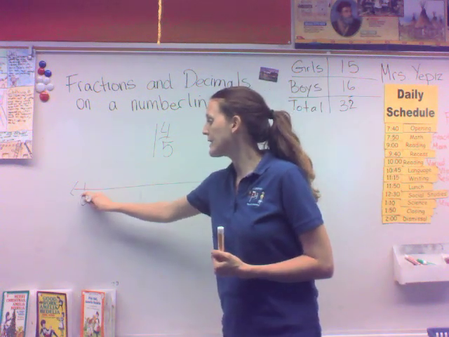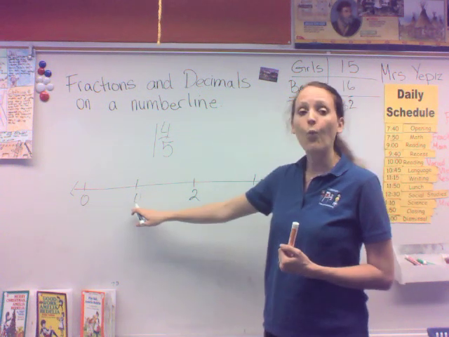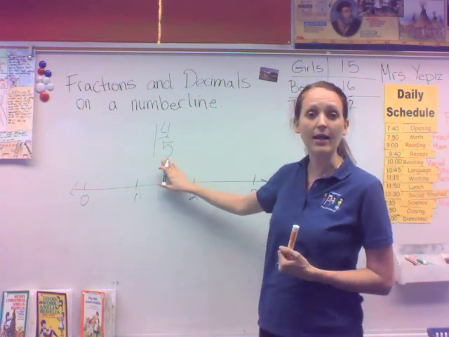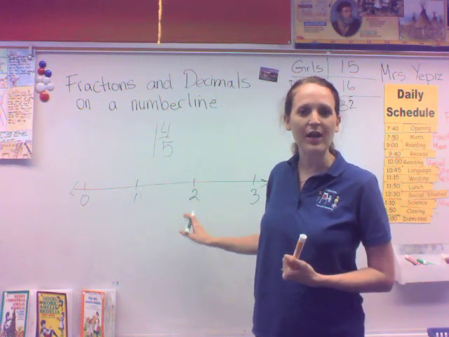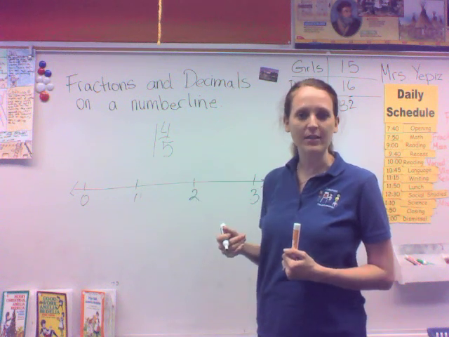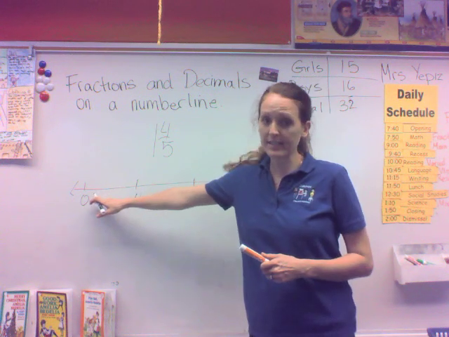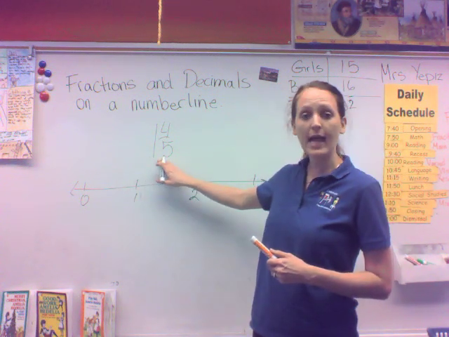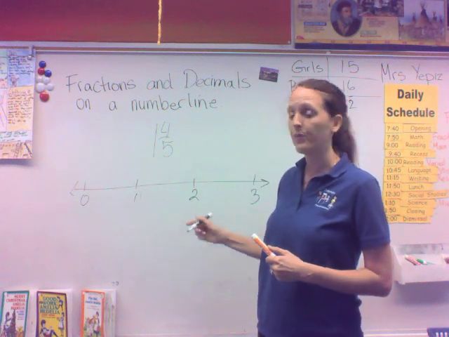Hopefully you recognize that it exists in between 1 and 2 because I have 1 and something else. A way to remember that, 1 and 2, 1 and something else. Both times I said 1 and. I didn't say 0 and, I didn't say 2 and. I have 1 and something else, so that exists between 1 and 2.